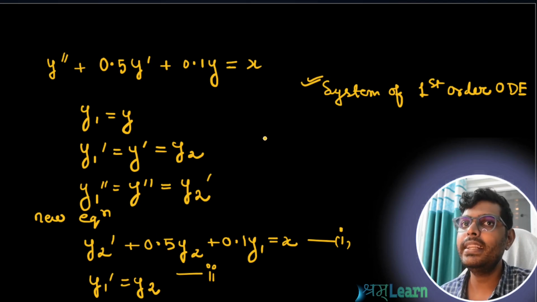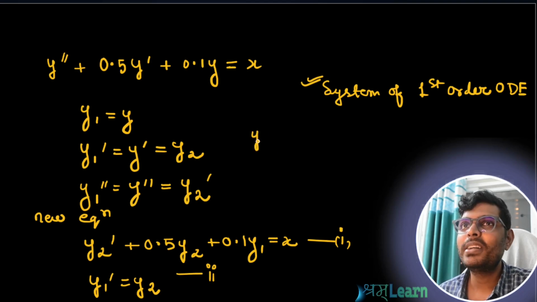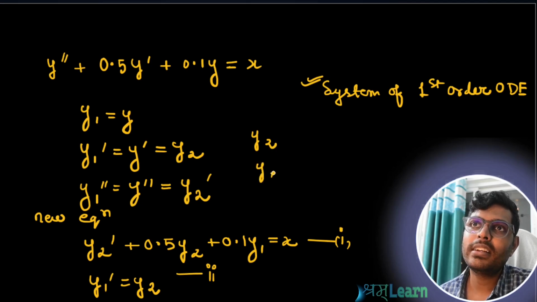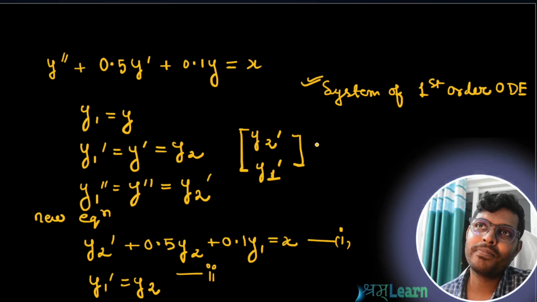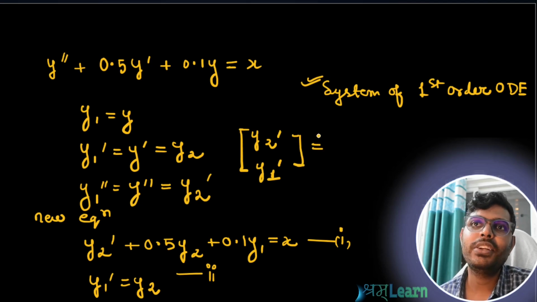So can I write the equation in the matrix form? This looks really nice, but let us see. So these are all dash, y2 dash, y1 dash. Put it in a matrix or vector, right? And what do we have?